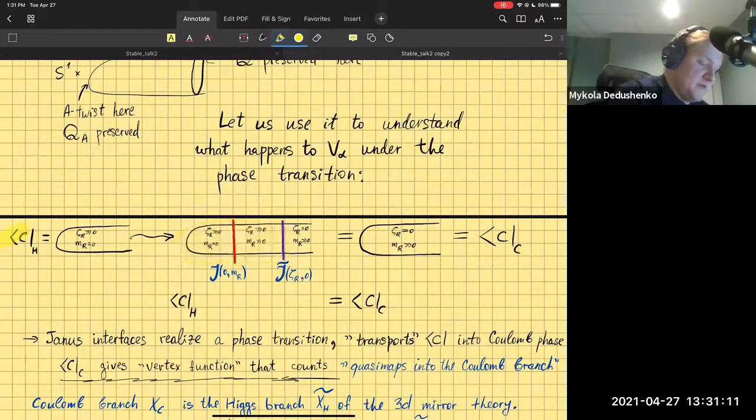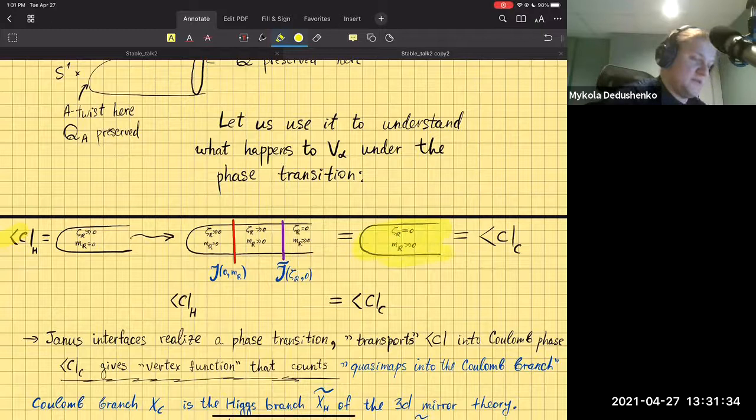And in particular, we can get rid of these interfaces by simply moving them to the left and off the tip of the cigar, and whatever parameters we have here, we can just spread them to the entire cigar and then get this.